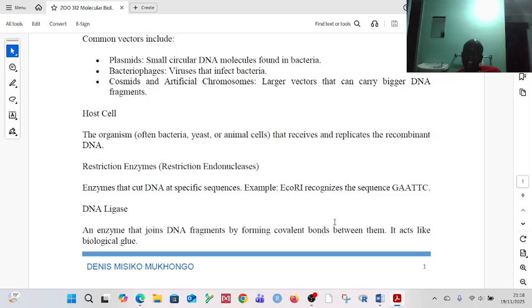So the place where the restriction enzyme cuts is called a restriction site. So restriction enzymes are used for cutting. Then the DNA ligase is an enzyme that helps to join the DNA fragments. So whatever has been cut will be joined together by the DNA ligase.